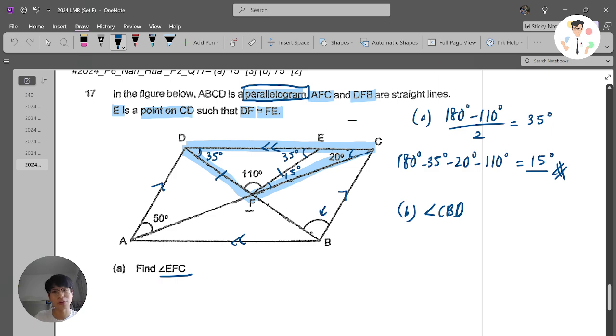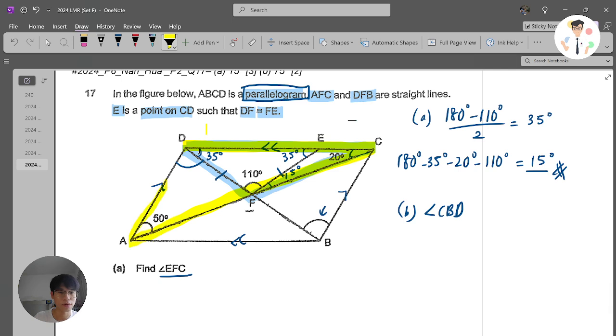So I know that the angle CBD is actually the same as the angle here, correct? And if the angle here is the same as the angle here, it is very obvious, let me use yellow color, that this forms a triangle. Here is 50, here is 20, here is 35.